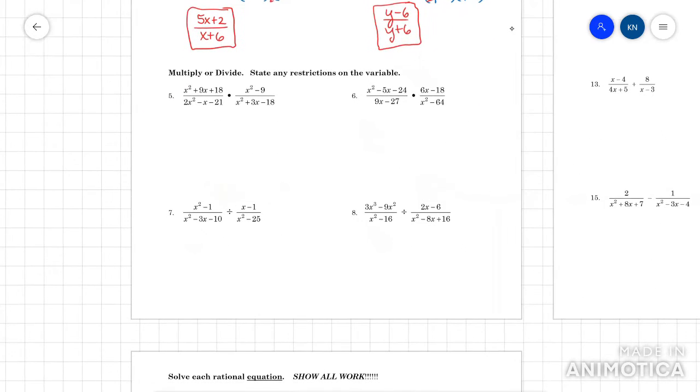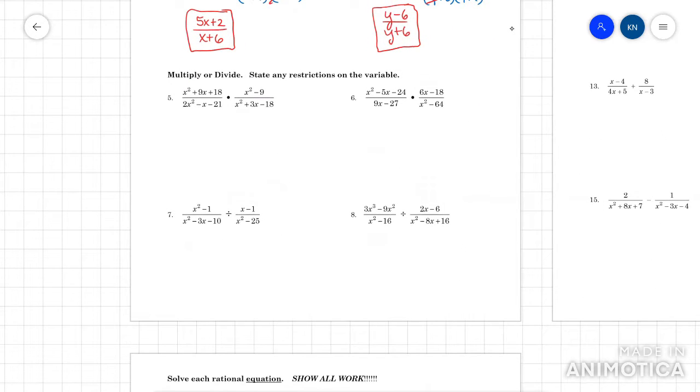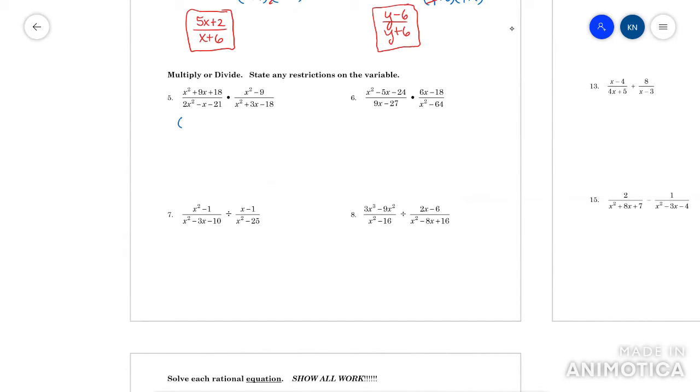All right, number 5, we get to a multiplication. When it's a multiplication, you want to factor everything. So I'm going to go ahead and factor everything. It's going to be a -7.